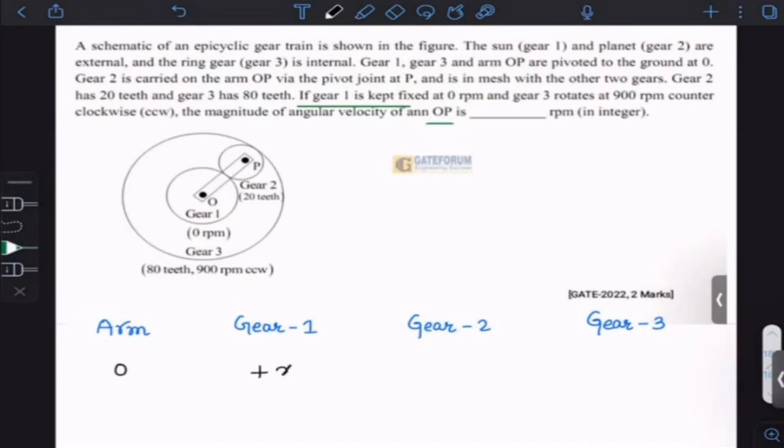Suppose its speed is x. For gear 1, we need to write the number of teeth. Where is the number of teeth in gear 1? The number of teeth in gear 1 is not mentioned in the problem.